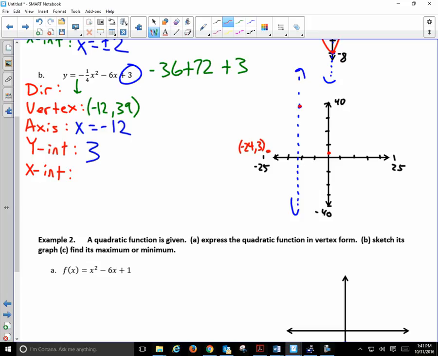Now the big one, x-intercepts. How to find x-intercepts? Set y equal to 0. 0 equals negative 1/4 x squared minus 6x plus 3.